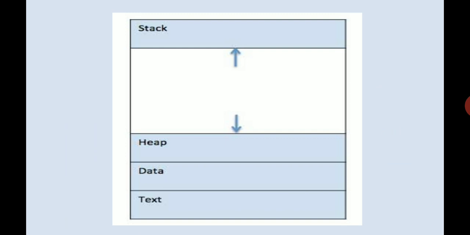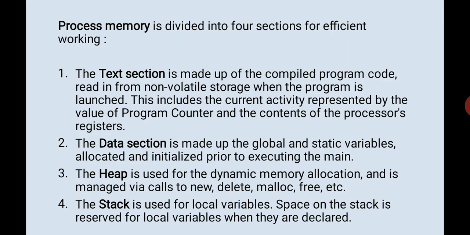The last block is written text. Just above is data, then heap, and then stack. So there are four components: text, data, heap, and stack. We shall be looking at them one by one.